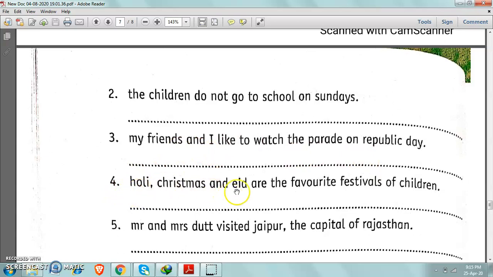Holi, Christmas and Eid are the favorite festivals of children. Children, here festival names are given. Every festival name is a proper noun and we write the first letter capital. Any festival, Diwali, Holi, Dussehra, Christmas, Eid, any name of a festival, the first letter will be capital there. So write H capital, Christmas C capital, Eid E capital, and the other words will be the same and a last full stop.